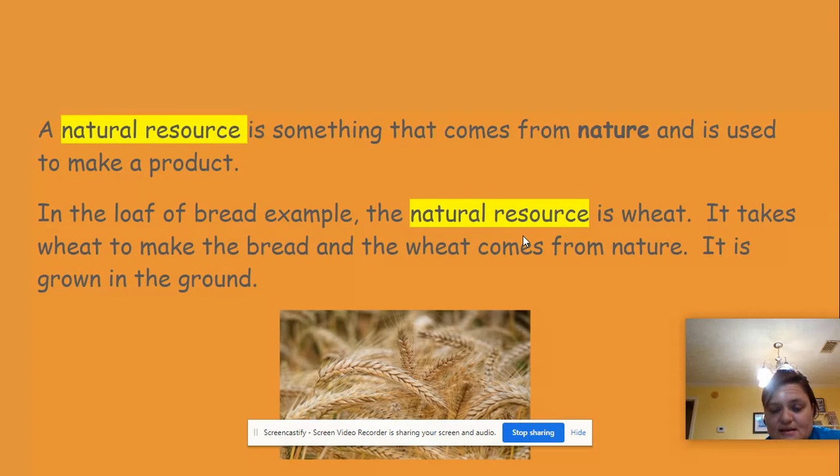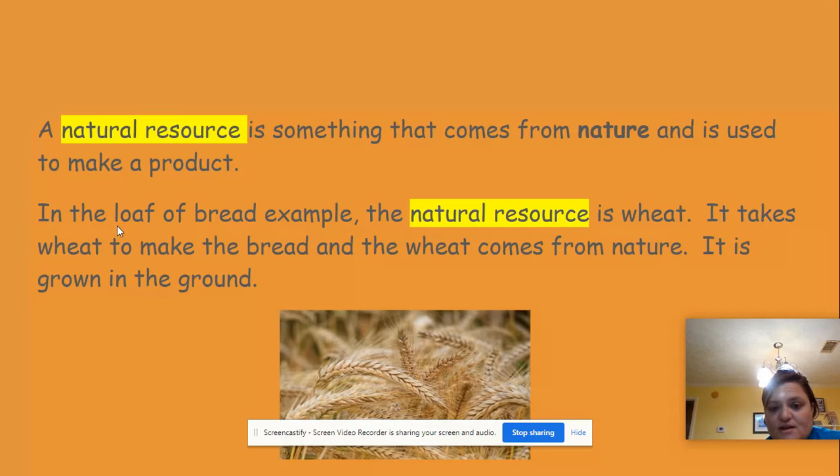The next thing it takes to make bread is called a natural resource. A natural resource is something that comes from nature. And I have that word bolded, nature, because doesn't it look like natural? So it's something that comes from nature and it is used to make a product.